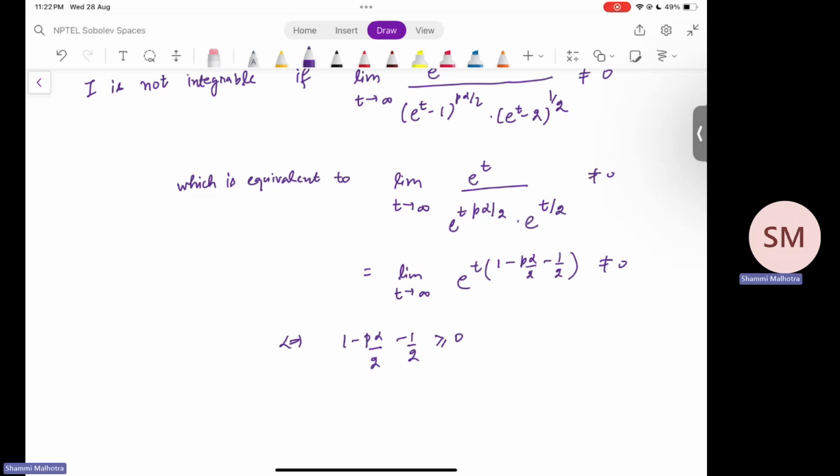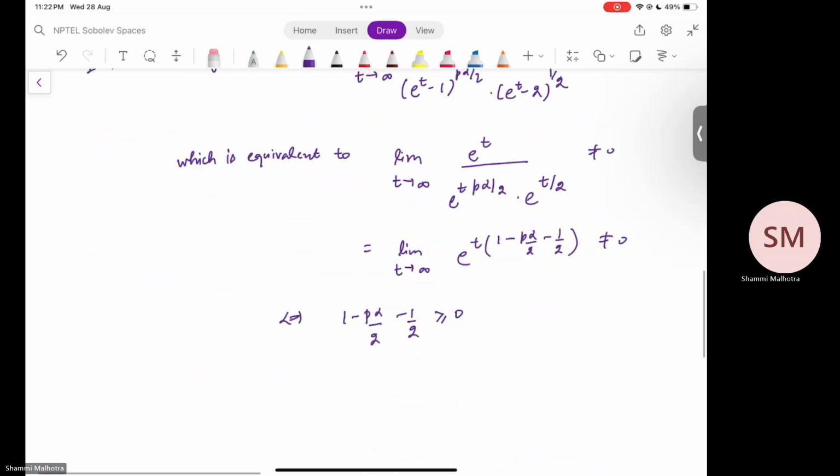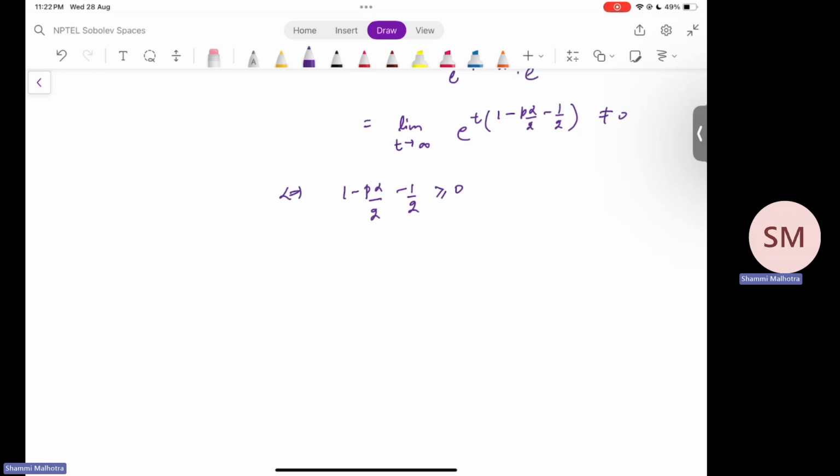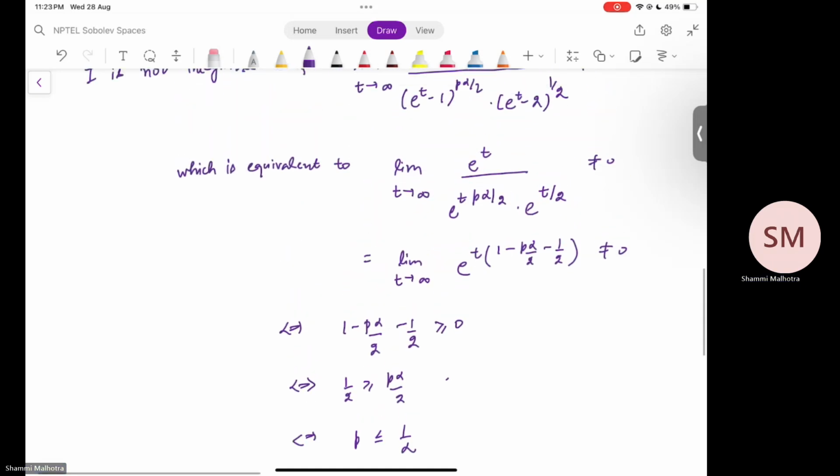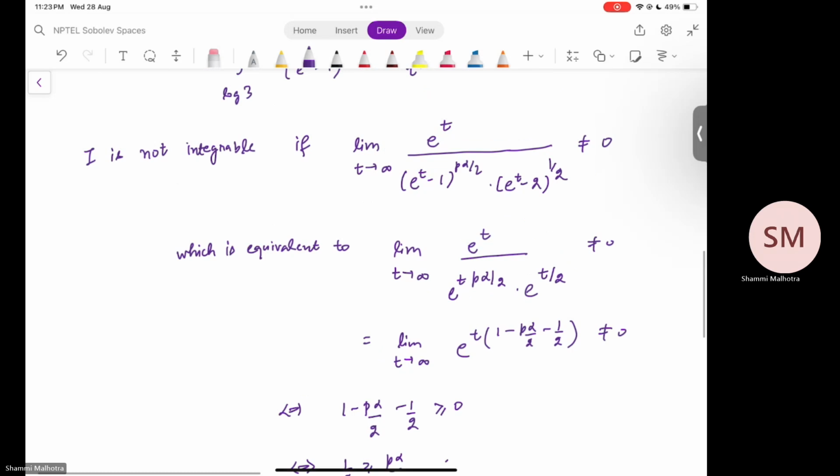So once that's the case, we have half less than or equal to p alpha by 2, and ultimately this implies p has to be less than or equal to 1 upon alpha.